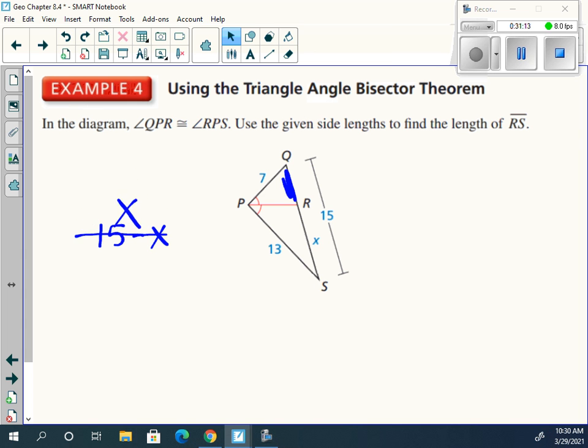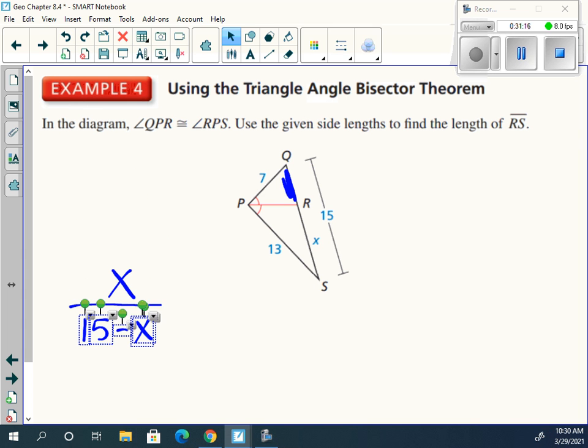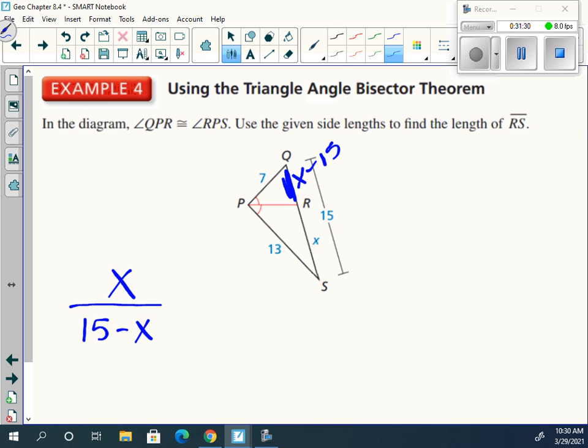So if, move that down just a bit, because we're not given one of those two lengths, we're told x and the whole thing is 15, well, one of them has to be x, this one here, and this other length is going to be 15 minus x. Now this is going to equal what over what? 13 over 7.